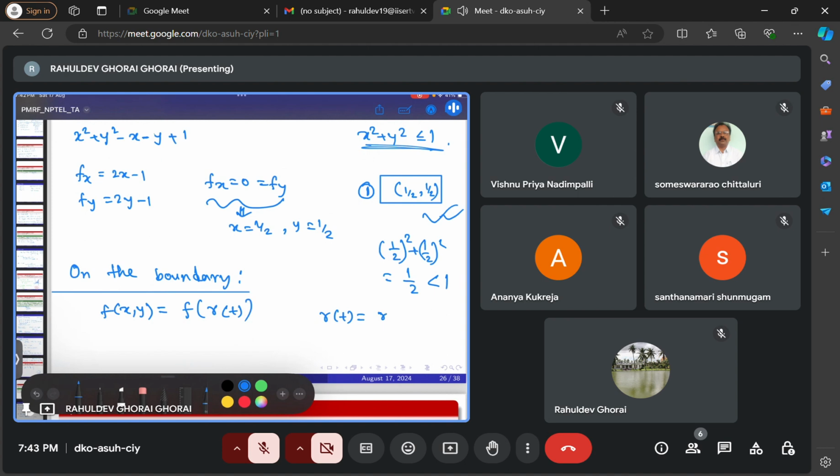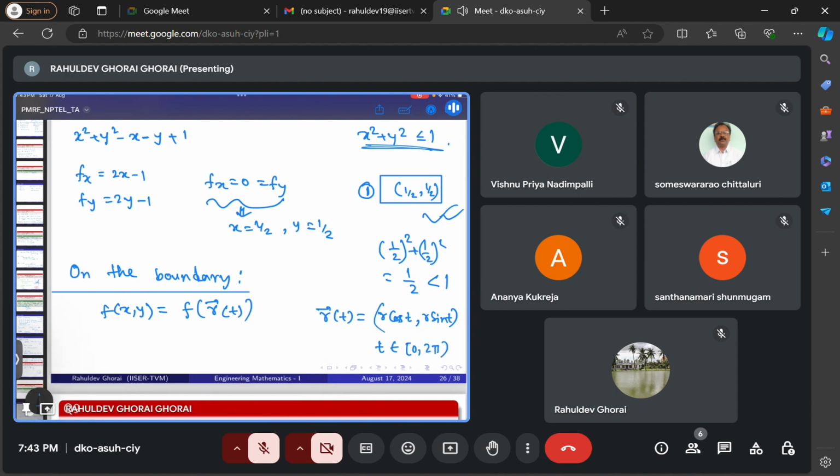Sorry, r cos t, r sin t, this is the r vector, and t belongs to 0 to 2 pi. Is it okay? Can we do that? You can do, right? Any question here?